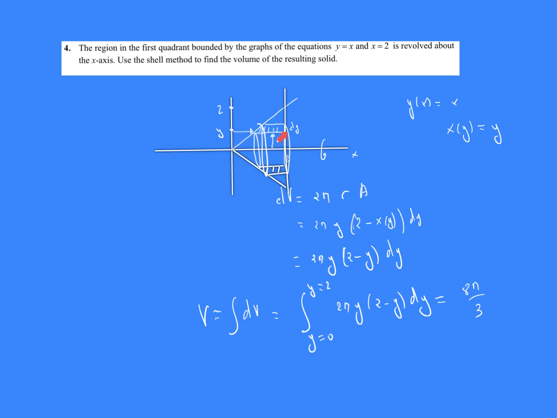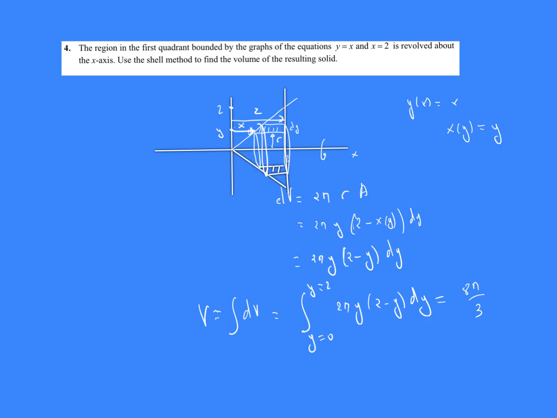This length is 2 minus x. This length is from here, and at this y, this is x. So 2 minus x is the length of this thing. It's important to realize that volumes are positive quantities.